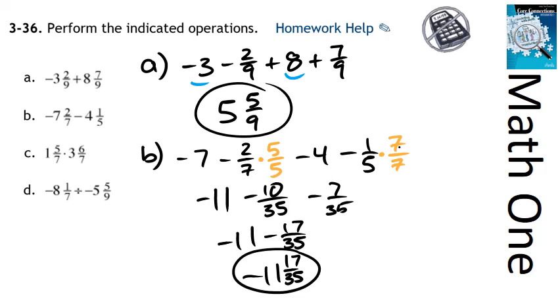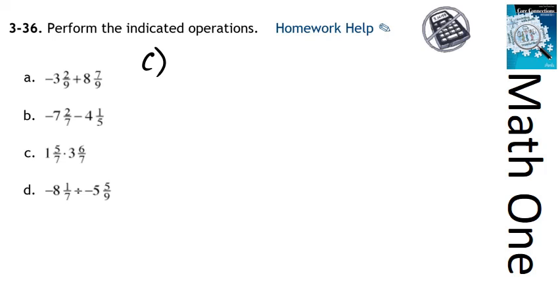Let's move on to C. Let me clear the screen. For C, we've got a multiplication problem here. And with multiplication, I've got to be careful. It's a 1 5/7 times a 3 6/7. I'm not going to do the multiplication with the mixed numbers. I'm going to turn them into improper fractions. So 1 5/7 is the same thing as 12/7, right? So 1 is 7/7 and 5/7.